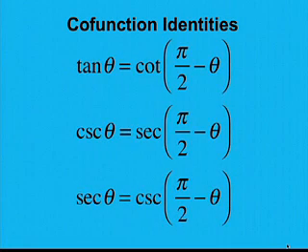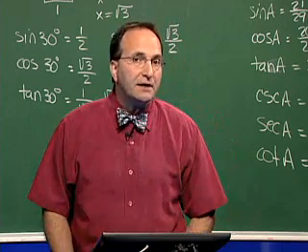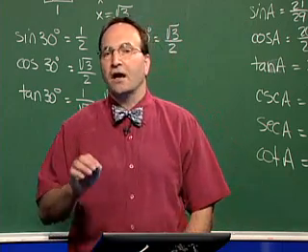We also have tan theta is the cotan of pi over 2 minus theta. Cosecant theta is equal to secant of pi over 2 minus theta. And then finally, the secant of theta is equal to the cosecant of pi over 2 minus theta. In our next example, we will write an expression in terms of a cofunction.